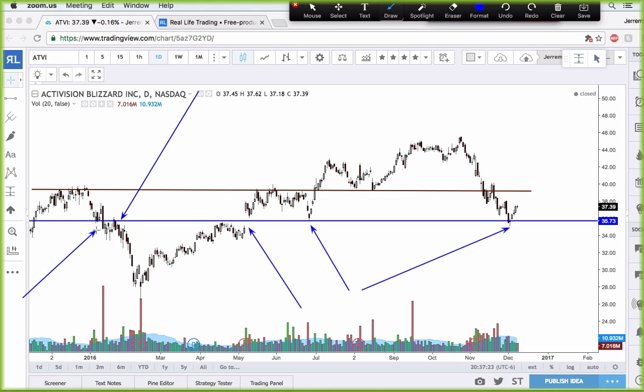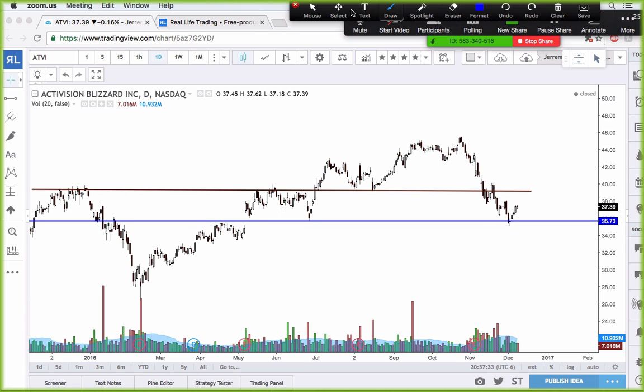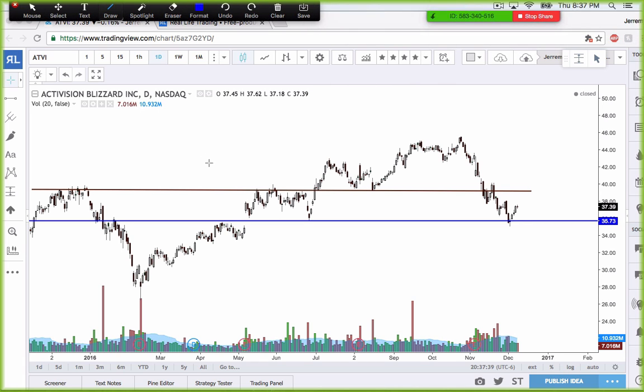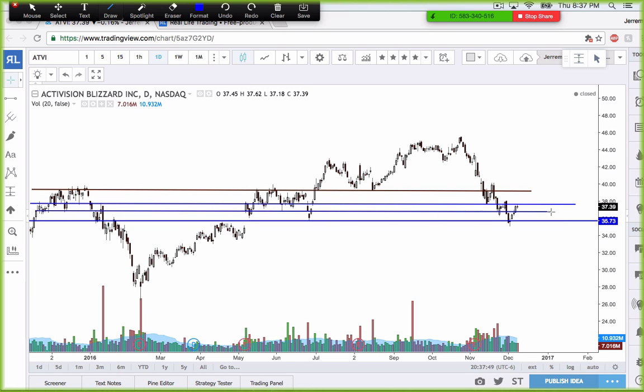On the daily chart, you're going to be using 2, maybe 3 horizontal lines at most, because you don't want to get your chart too cluttered. 3 lines is good. You can go up to 5 if you really want to, but the reason you want fewer lines is simply because if you have a line here and a line right there, you're going to be like, well, which one is the best one?